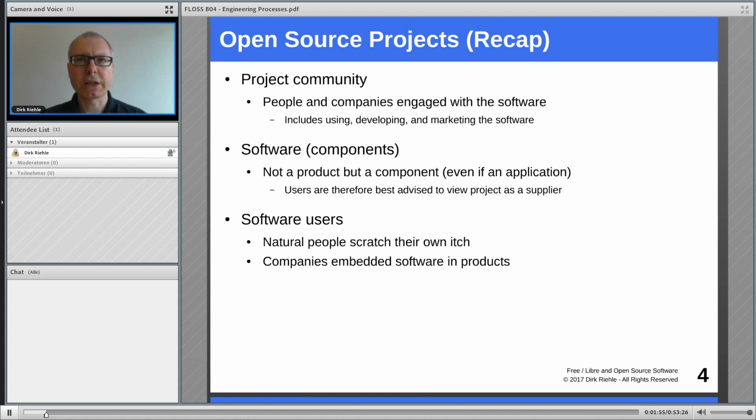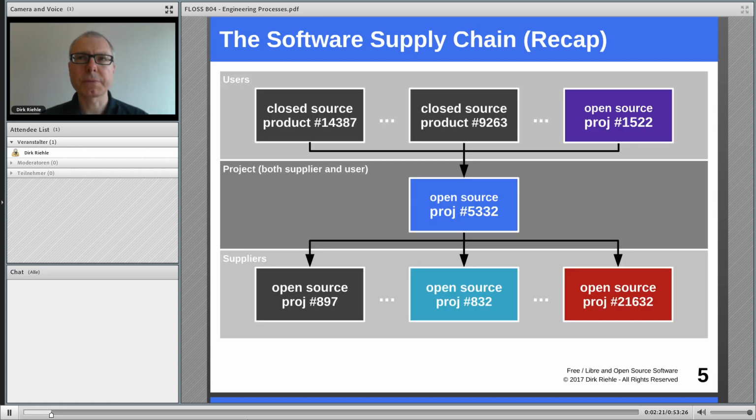And then those who actually use these open source components being developed as part of open source projects, we have users, which might be individual developers, natural people scratching their itch, as the saying goes, or companies embedding the software in their products. So the open source software is used as part of products or serves some purpose to its users.